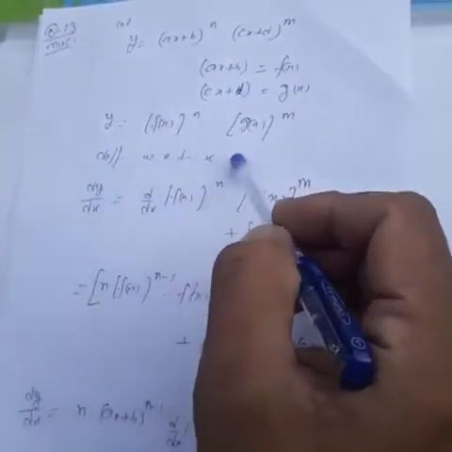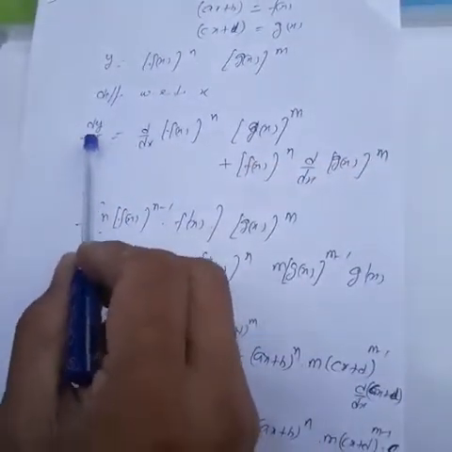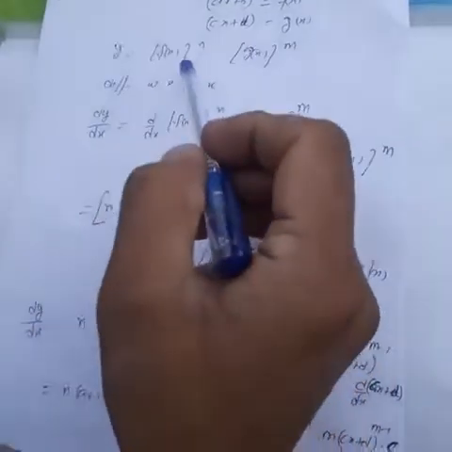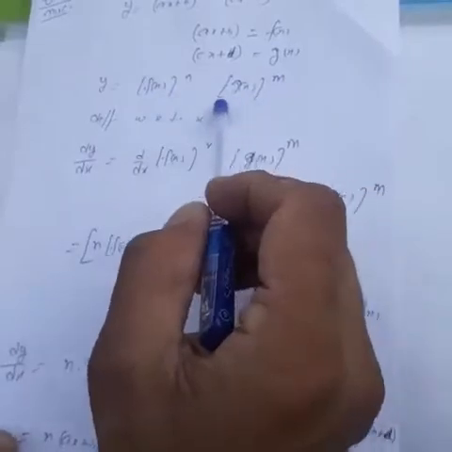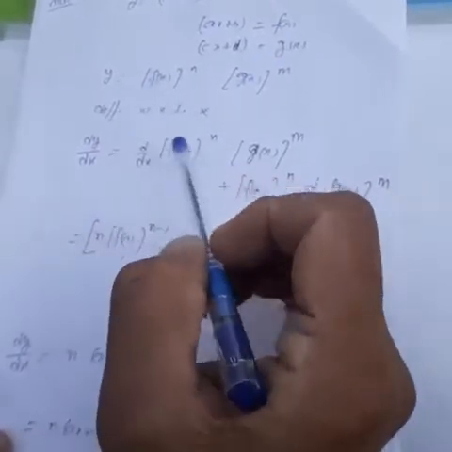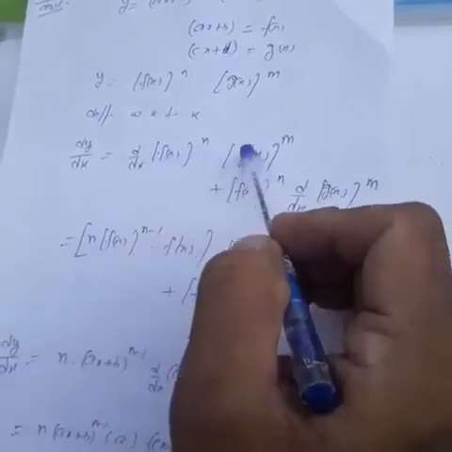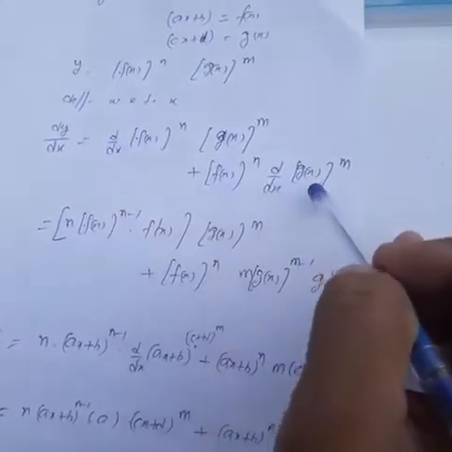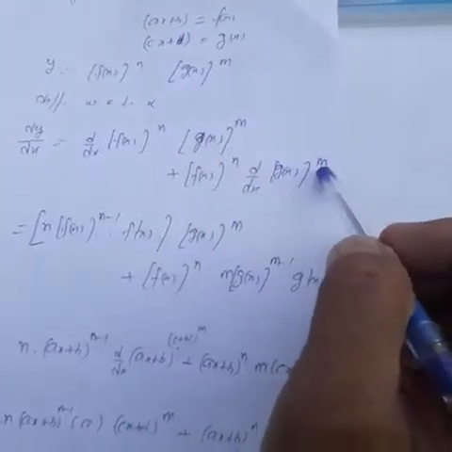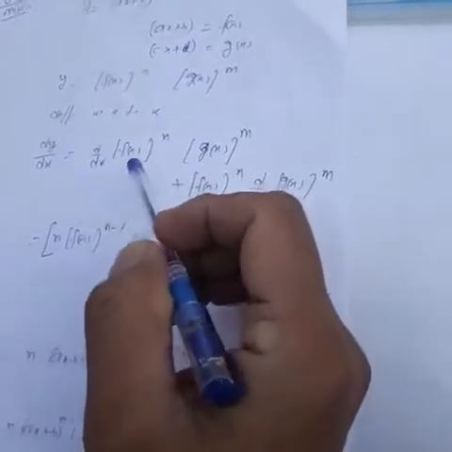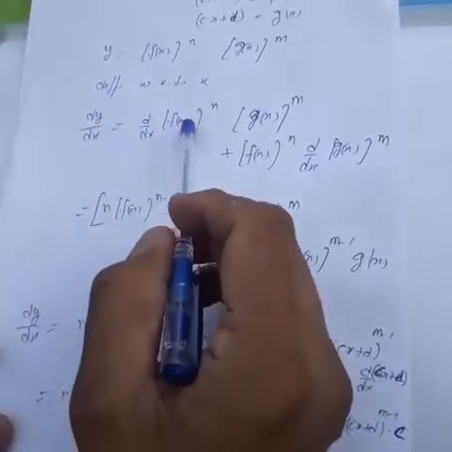If you differentiate both sides, what will happen? The derivative of y with respect to x, dy by dx, using the product rule u into v: derivative of the first function into the second function, u dash into v, plus u into v dash, the derivative of the second function, g(x) raised to the power m. Now you have to find the derivative using the formula we have done, variable raised to the power constant.